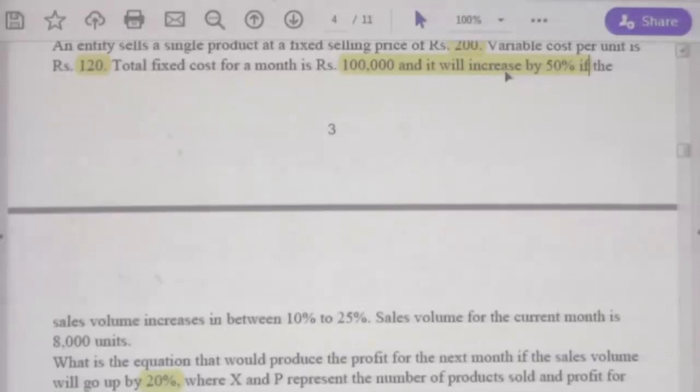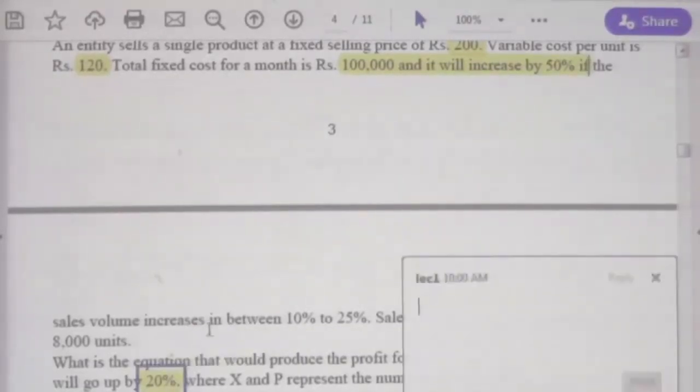Therefore, in such a situation, your net profit, or say profit P, equals contribution per unit into quantity you produce, minus fixed cost. Now, what is the contribution per unit?